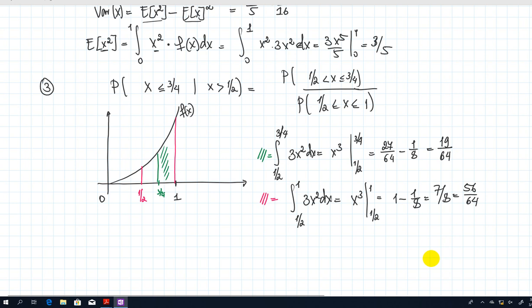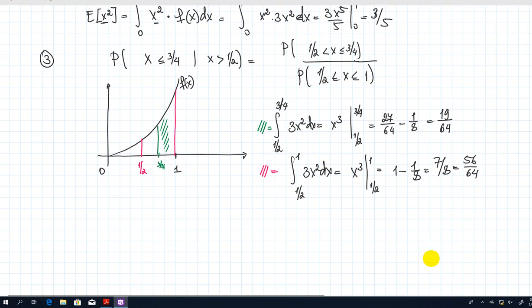Now the proportion of the green one to the red one is 19 over 64 divided by 56 over 64, which is equal to 19 over 56. This is the conditional probability. I'm not asking what the green area or the red area is; I'm asking what is the proportion of the green area from the red one.